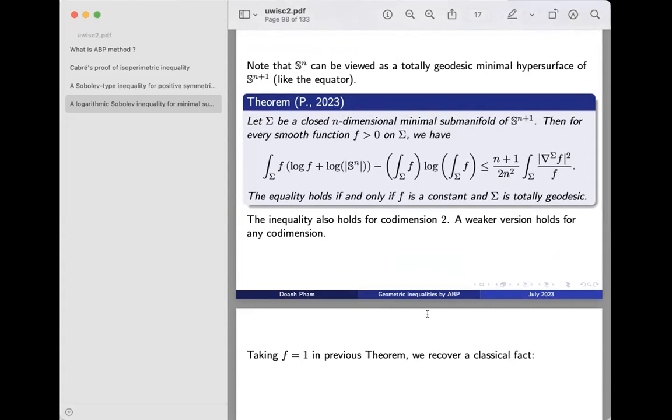In higher codimension, that inequality also is not optimal. And the constant here in our paper is very similar to the constant in Prandtl's paper. So there are some difficulties in higher codimension.